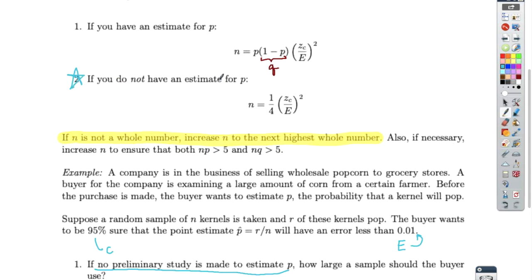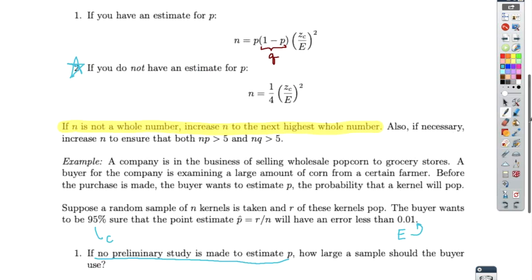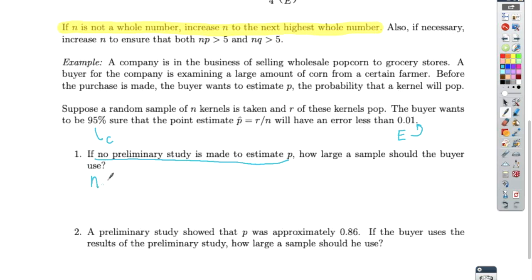If you have no idea where you're starting, we'll use this formula. So n equals 1/4 times the quantity, the critical value, z sub c, over the error, squared.